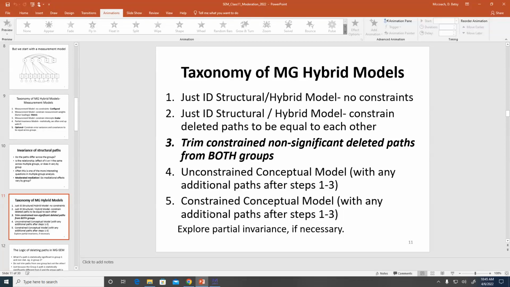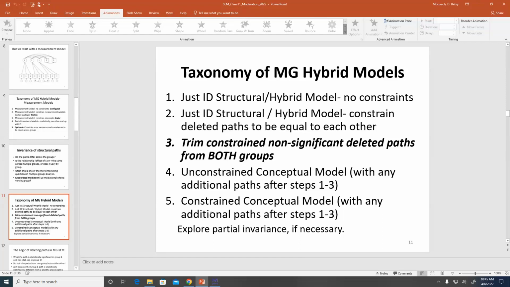So the next step, after you've done all this, if you're able to get to a reasonable place, is to look at the latent variable means, and also potentially the observed variable means and intercepts.